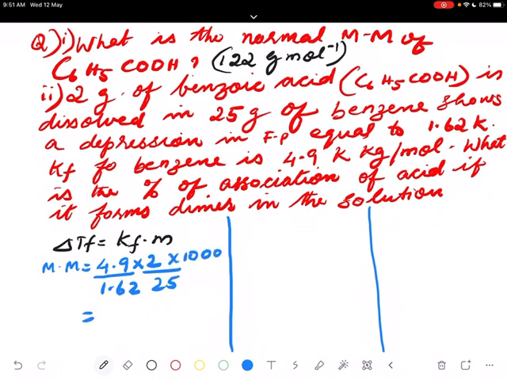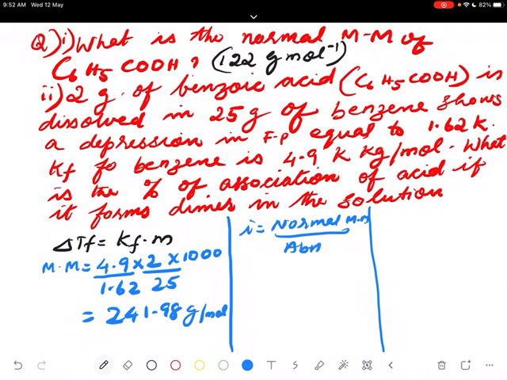So I have got abnormal molar mass as 241.98 grams per mole. This is the abnormal molar mass. Now, what is Van't Hoff's factor? Van't Hoff's factor i is equal to normal molar mass divided by abnormal molar mass.